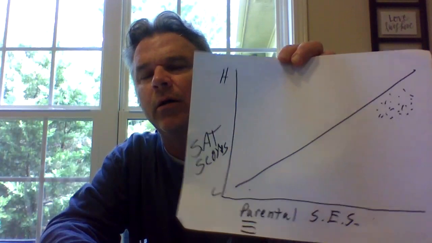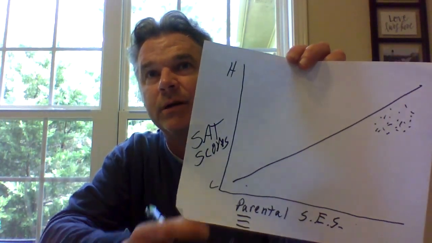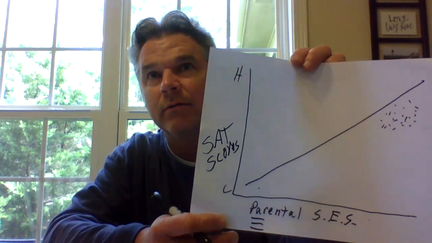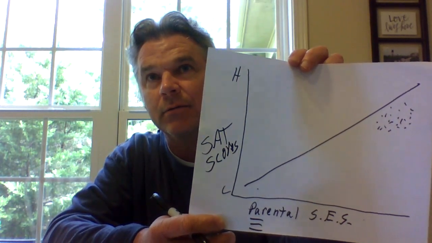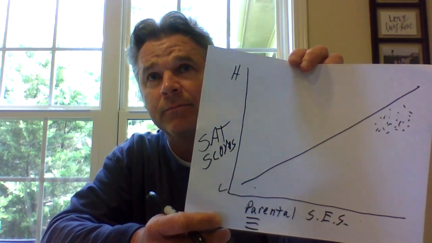Okay, where are all those gonna be? Below where my model predicts where they will be, or above where my model predicts they will be? Below. Why are they all below? Because they're getting lead poisoning.